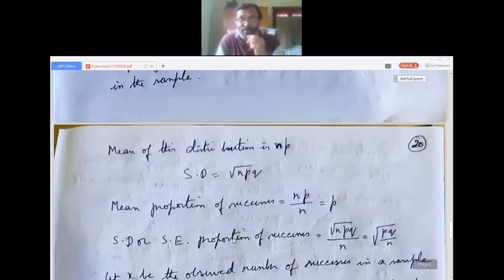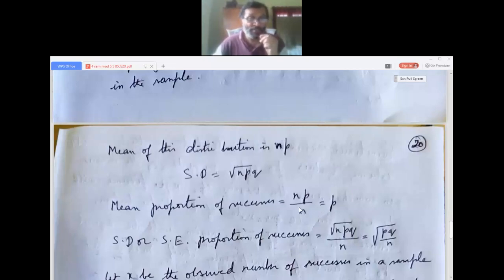The standard deviation is the square root of NPQ. The mean proportion of success will be NP by N, that is equal to P.